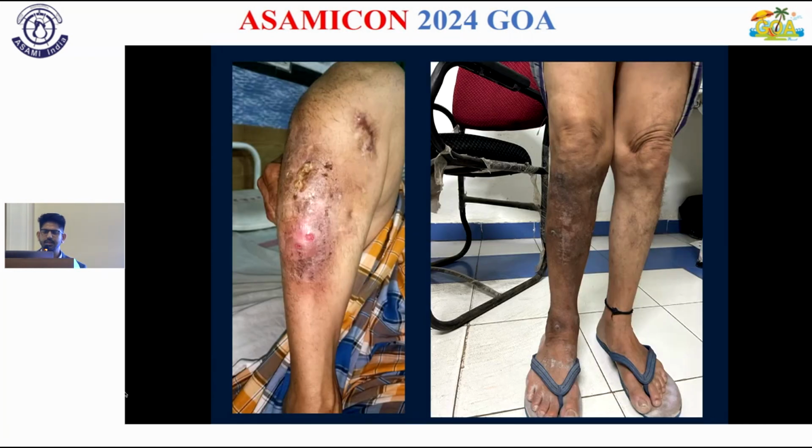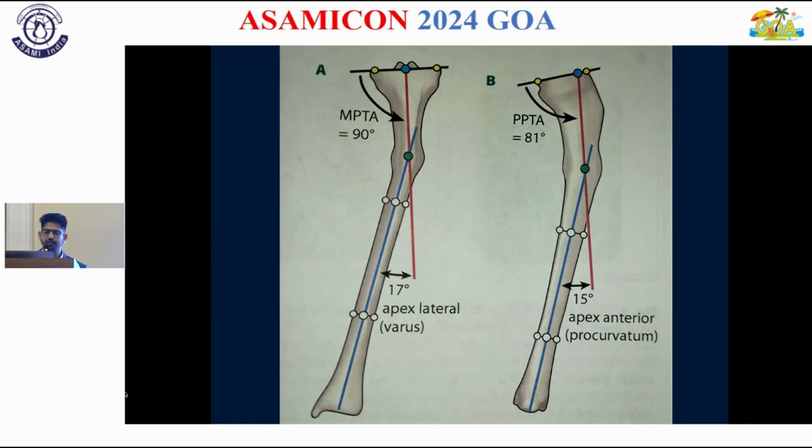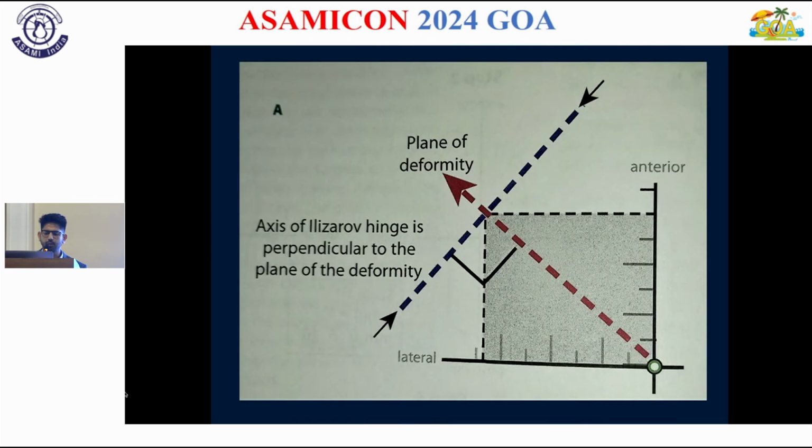Now, this was a single plane deformity. What if the deformity is in both planes? Let's say there is an anteromedial deformity. So it's an oblique plane deformity. To plan for an oblique plane deformity, the important part is the vector laws. Let's say there is an anterior deformity and a lateral deformity shown on an X and Y graph.